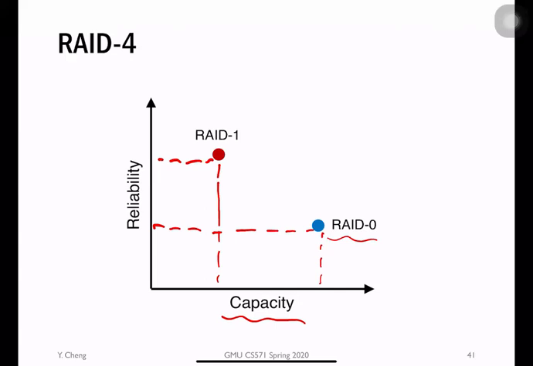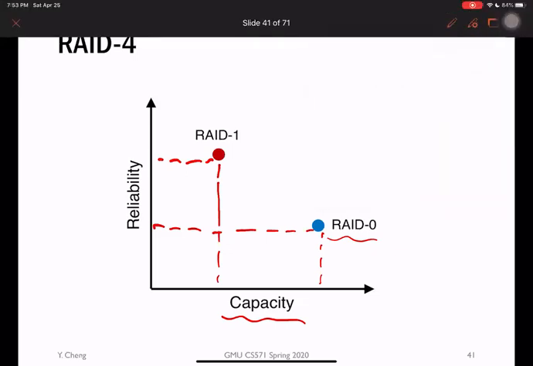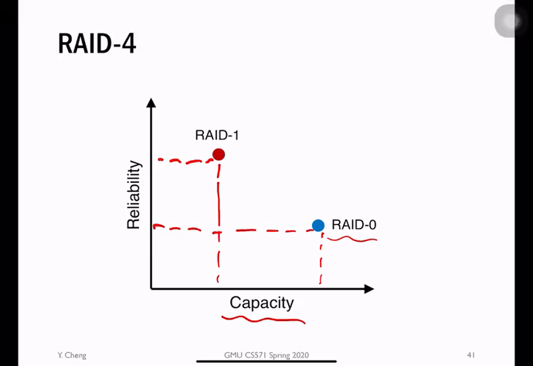So, we want to combine the best of both worlds. We want both higher capacity efficiency and, at the same time, higher reliability. So basically, we want a new kind of configuration to effectively combine the best of both RAID-0 and RAID-1.